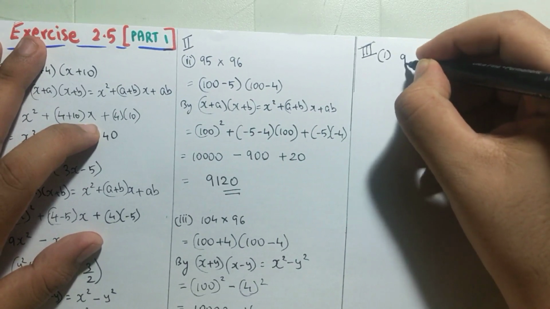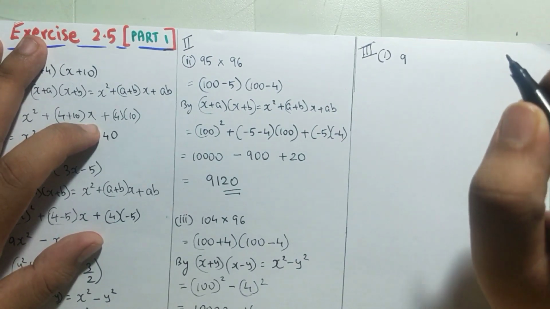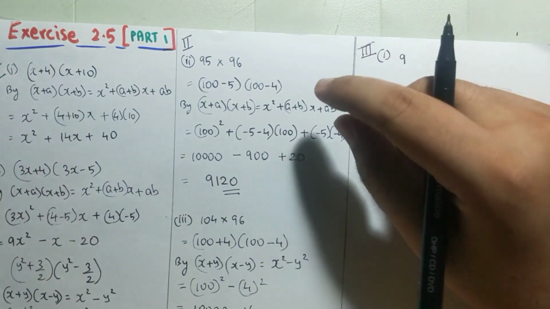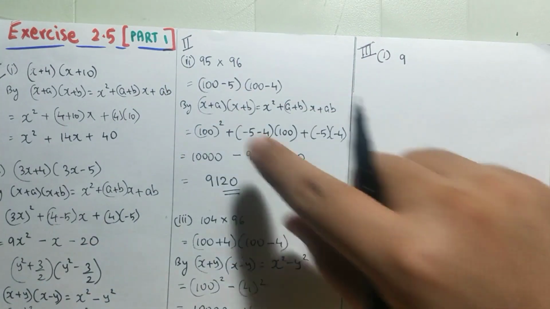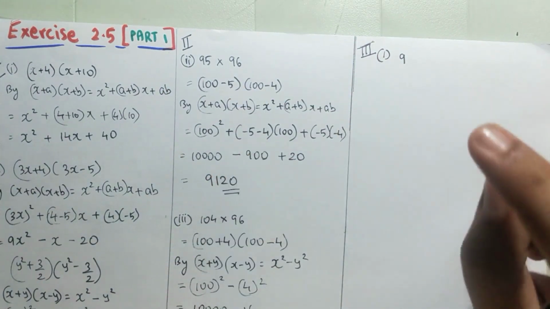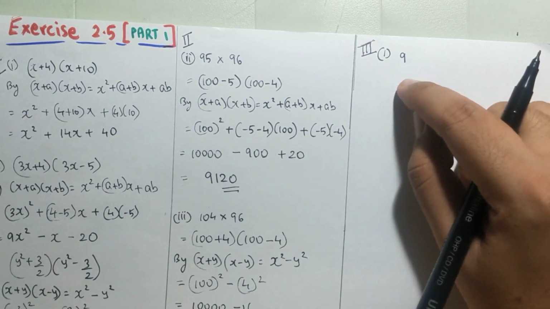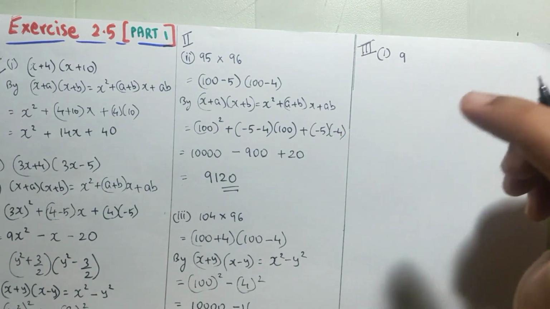The first question is: you have to factorize them using appropriate identities. Factorize means, in the identities there are always two sides, LHS and RHS. Till now we have always been given the LHS and we have converted it to the right hand side. Now the RHS will be given to you and you have to find the LHS of that identity.